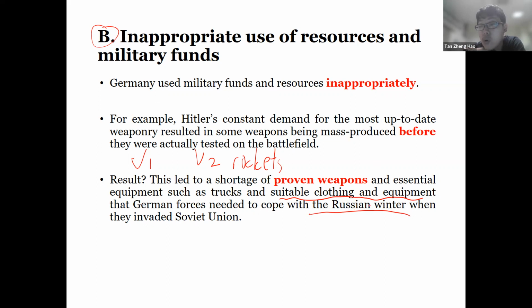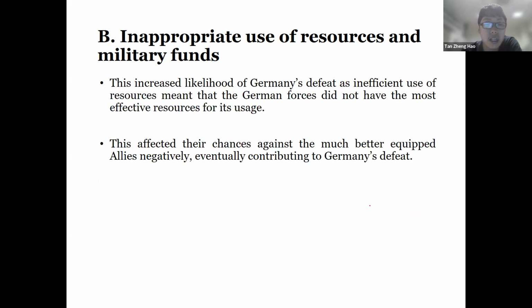Russia got very cold, and they found that they did not make enough coats to keep their soldiers warm, and it was one of the decisive factors that led to their failed invasion of Russia. So Hitler wanted to come up with a lot of big and fancy weapons, but neglected other things. So it increased Germany's likelihood of defeat.